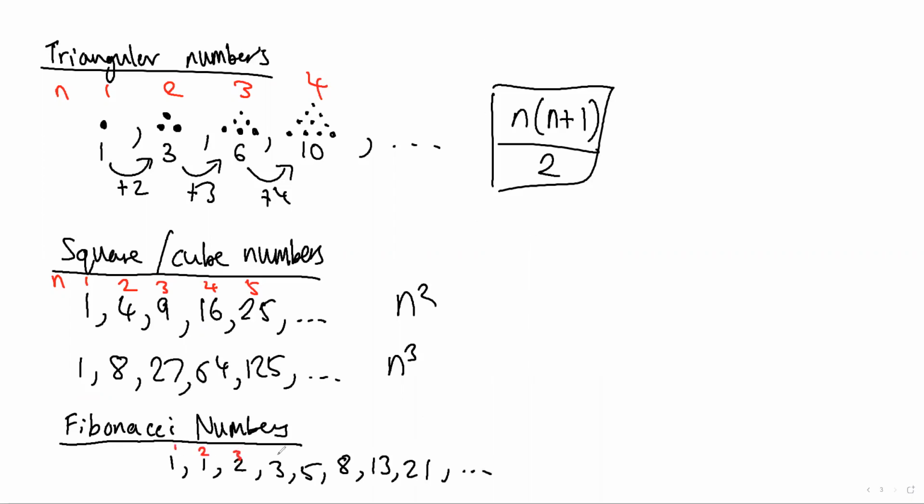But if we look, what it's basically doing is the first 2 terms are 1, and then every term after that adds together the 2 previous terms. So the third term adds the first and second term, so it would be 1 plus 1, which is 2. The fourth term adds the second and the third term, so 1 plus 2 is 3, 2 plus 3 is 5, 3 plus 5 is 8, and so on. So that's how the Fibonacci sequence works, and you don't need to know the nth term for this.